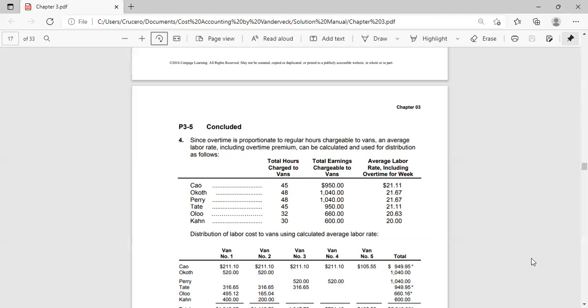Okay, then to Perry, he worked on van number 3 and number 4. The average rate of Perry is 21.67.